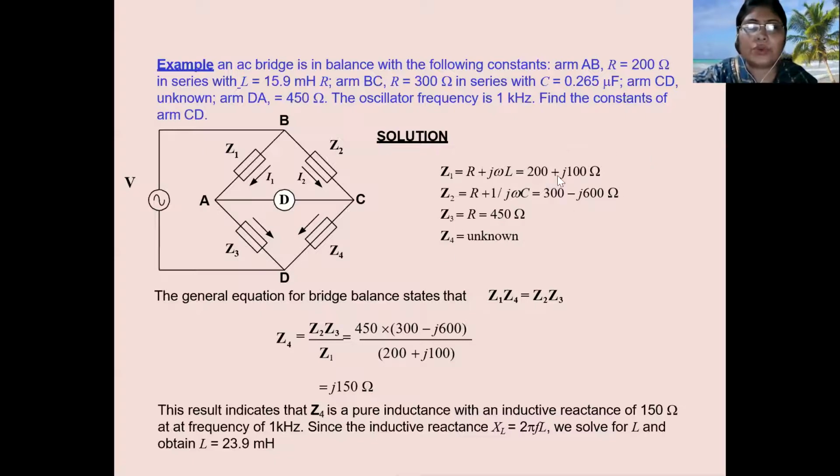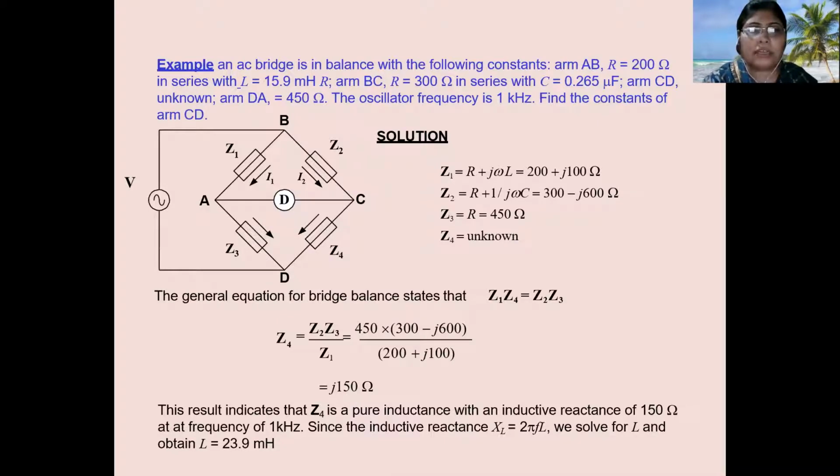Z1 is equal to 200 plus j100. By solving this, do the rationalization: multiply the denominator and numerator by 200 minus j100 and solve. So this will give the value of j150.